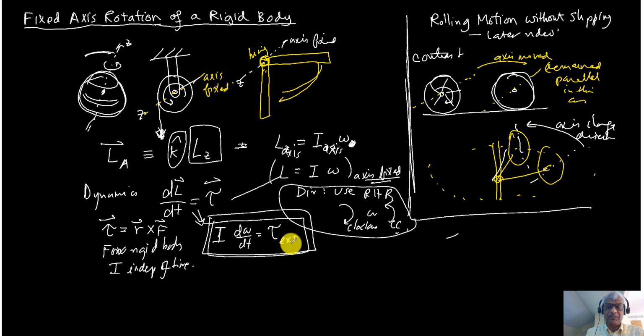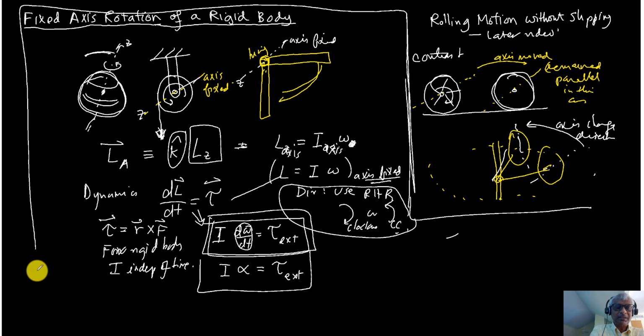Sometimes in non-calculus courses, this is not written like that. d omega/dt is the angular acceleration, so you just write it like I alpha equals tau external. But I want to make sure that you know that this is in these categories.